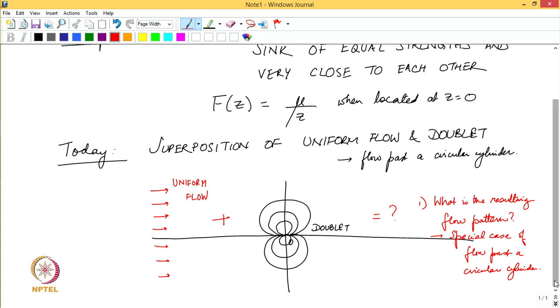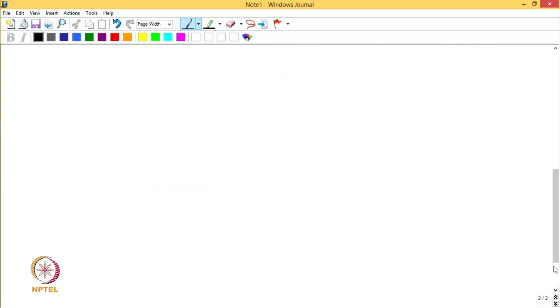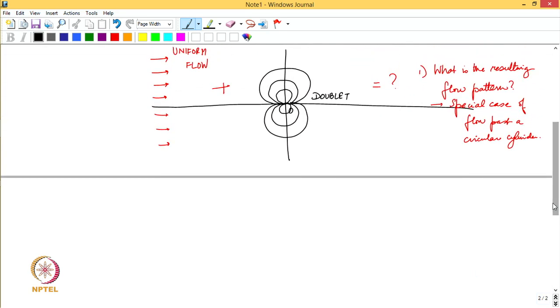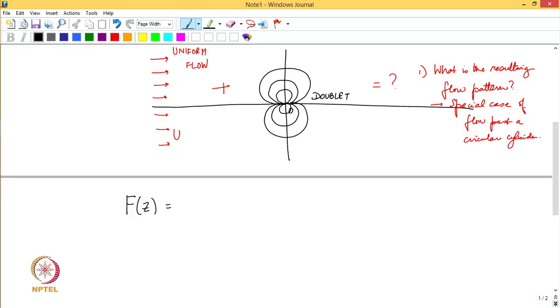Let us see how this works out, and we will again do it from first principles, which is to go with the complex potentials constructed using complex variables. For this problem of a uniform flow of velocity u oriented along the x direction, which is very important here, what happens when you add uniform flow with a doublet of strength mu?